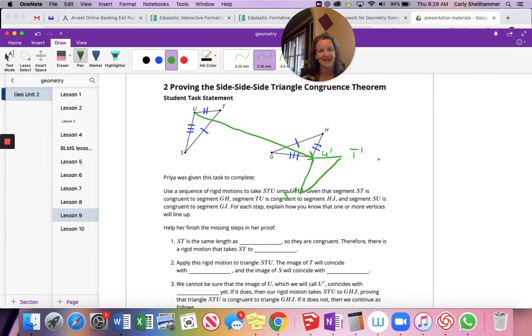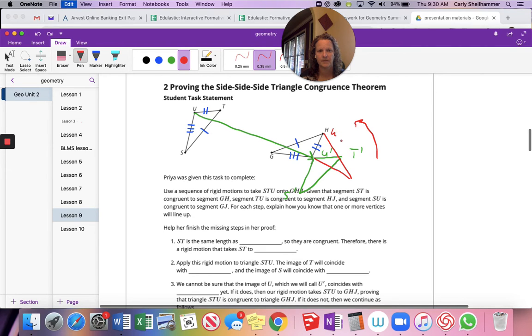Then I would change colors and rotate it until it looked like this. A little bit like that. T prime, S prime, U prime.